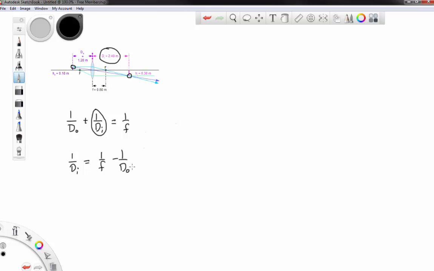Now, you could try to solve this equation by getting a common denominator and multiplying this term by dO over dO, this term by F over F, and what you would get is dO minus F over F times dO, and then you could take a reciprocal if you so desired at that point. However, that's not necessary to solve the problem in this case.